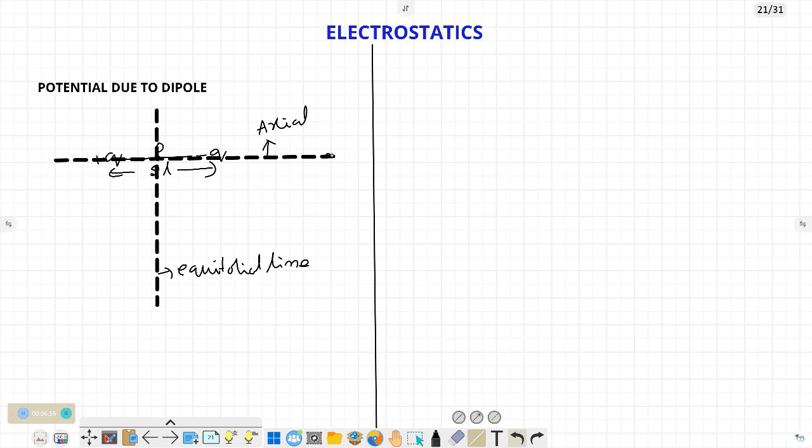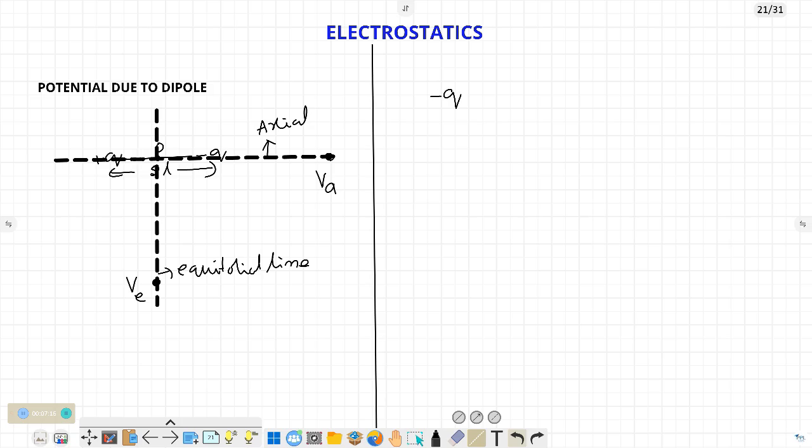Now we are finding the potential at a point P along the axial line, that is VA, and next we will find the potential at any point along the equatorial line, that is VE.